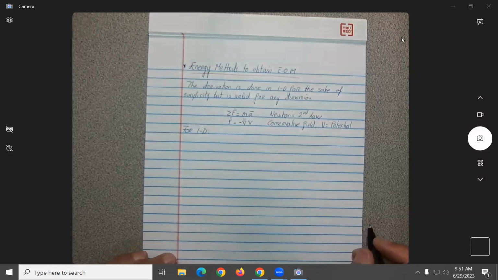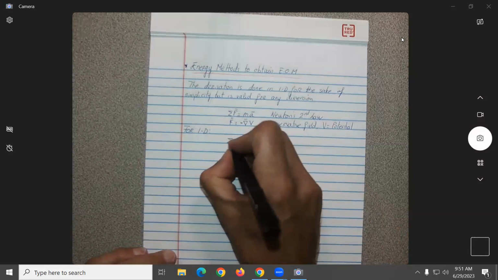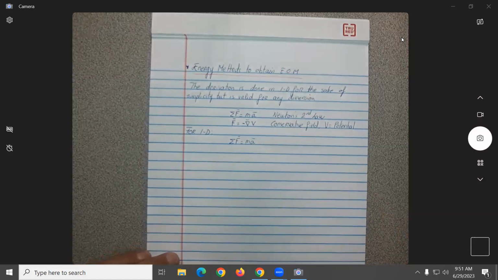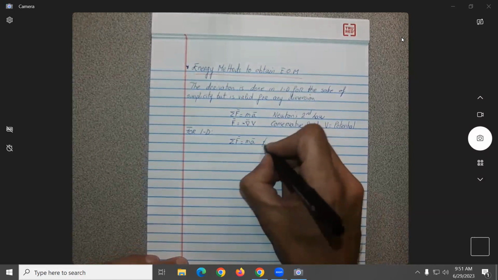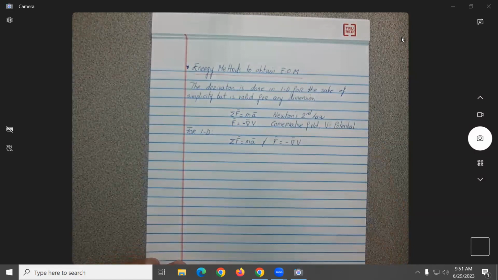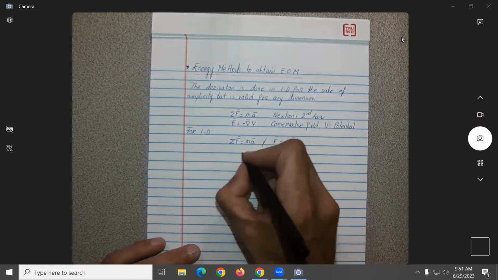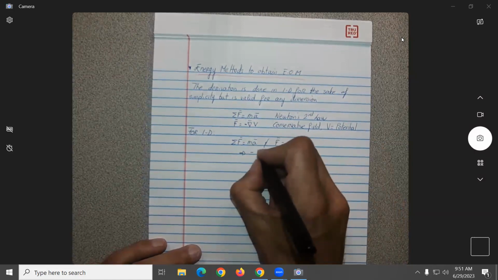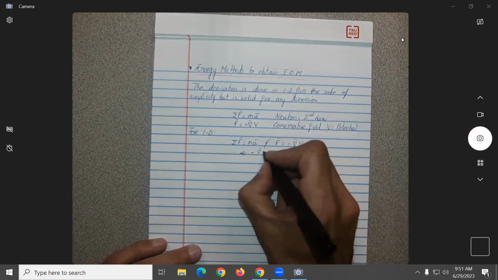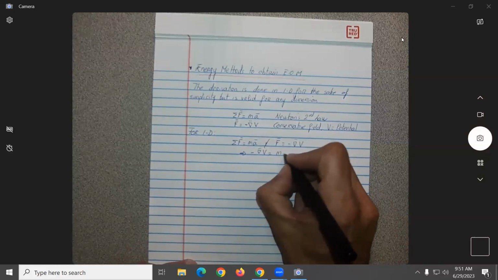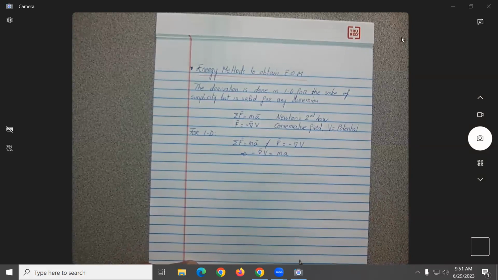If we use the equation summation of forces equals ma, and F equals minus the gradient of V, I can combine these: minus the gradient of V equals ma.